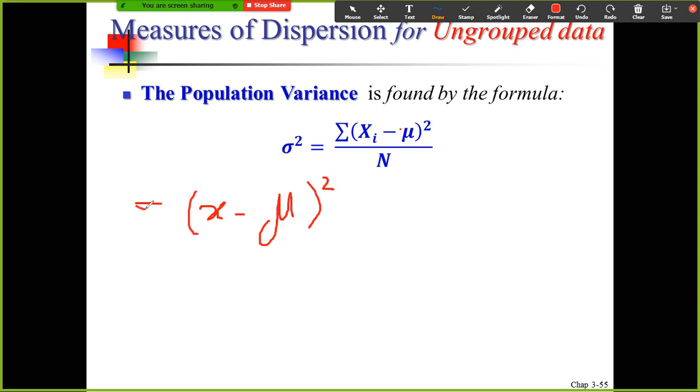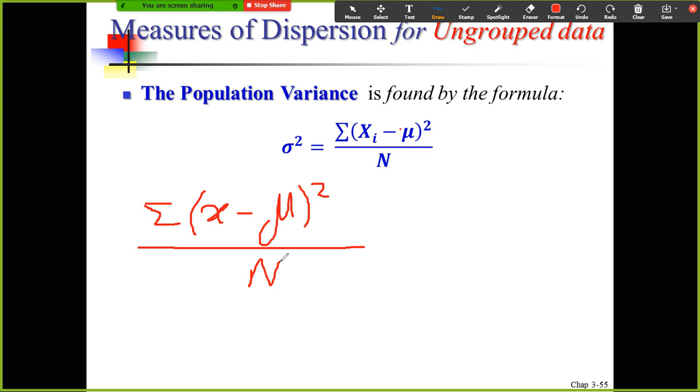After that, add them together and divide by N. So in order to find population variance, you first find the population mean, then we take the deviation from each value to the mean, take the square of all these results, add them together and divide by N. This is population variance.